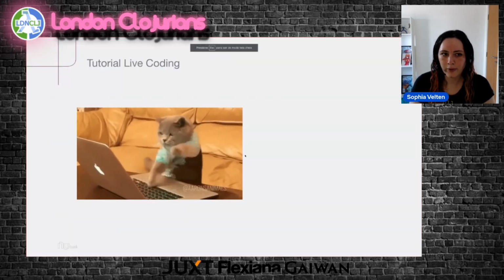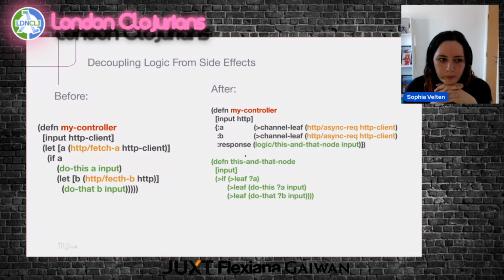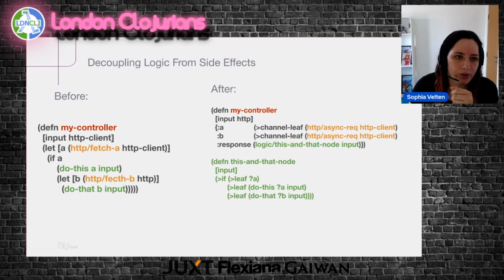And moving on, I get to tell you the story about how we can use this for decoupling logic from side effects. And this is one way we can visualize this.